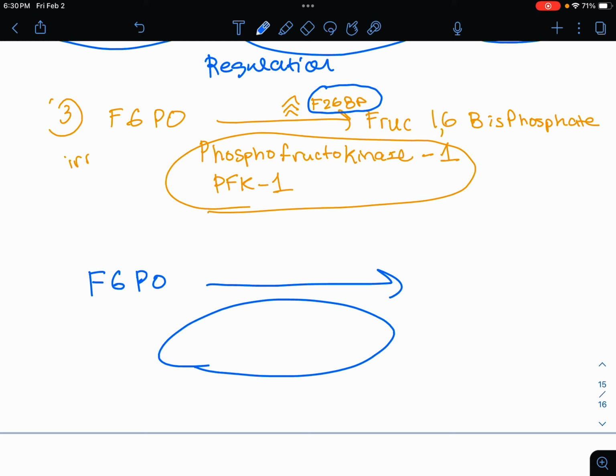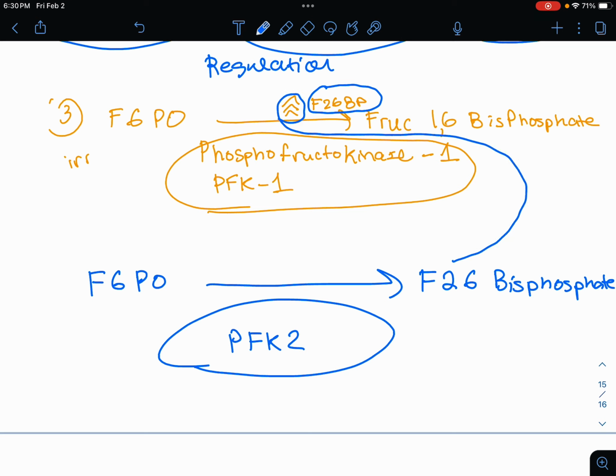But PFK2, just write that here, we're going to be going from our fructose 6-phosphate to fructose 2,6-bisphosphate. When this happens, we're going to be increasing or driving forward glycolysis, aka the phosphofructokinase 1's activity. We do this in the presence of insulin as well.